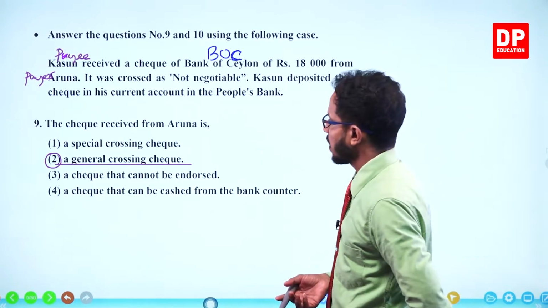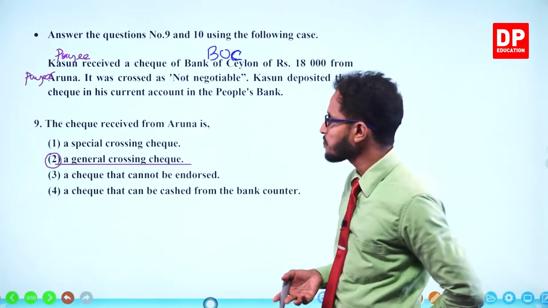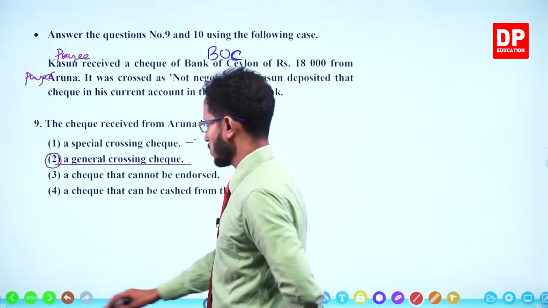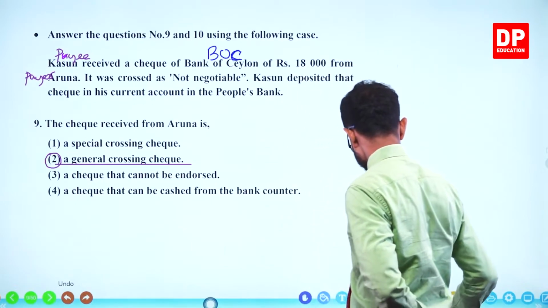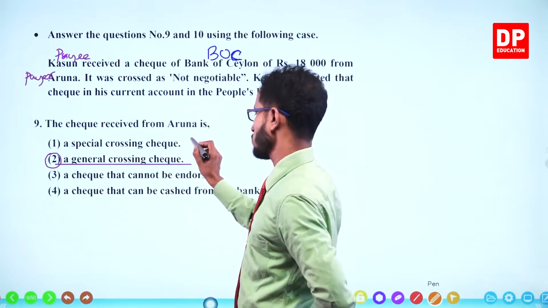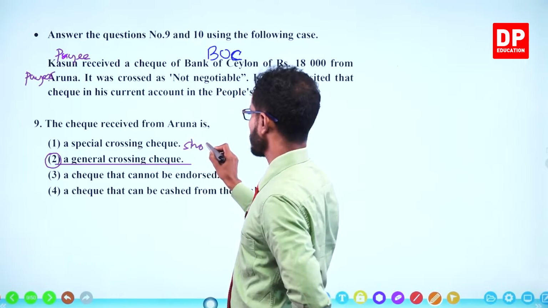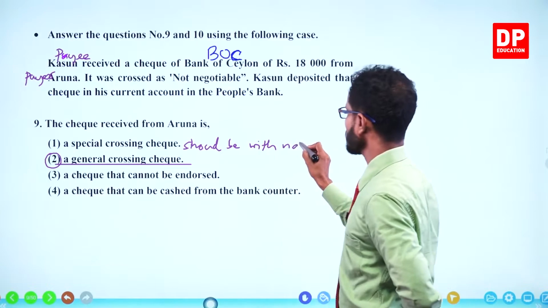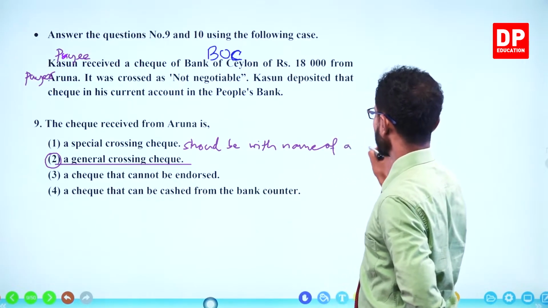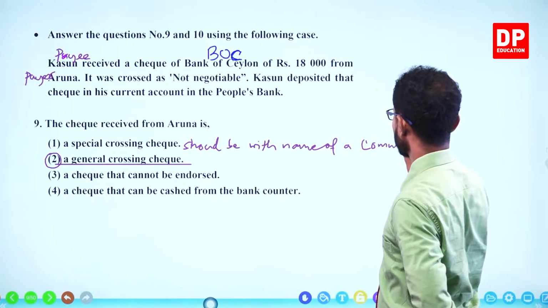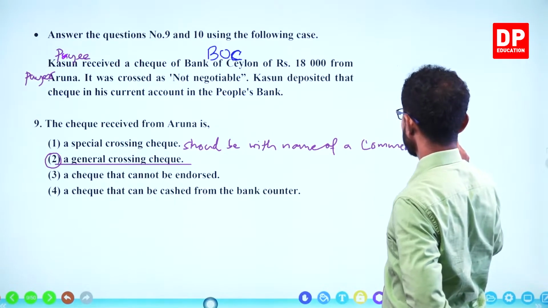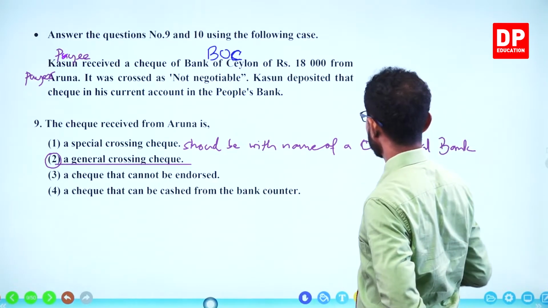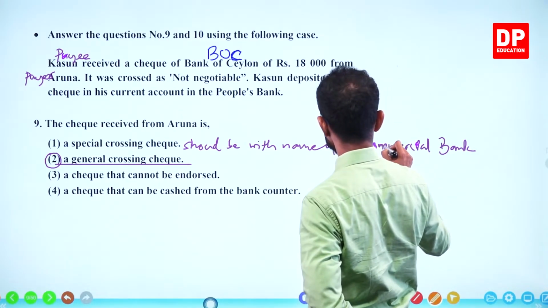Second. Why? It's not a special crossing. Special crossing should be with the name of a commercial bank. This is basic knowledge. By now, you have to know these things.